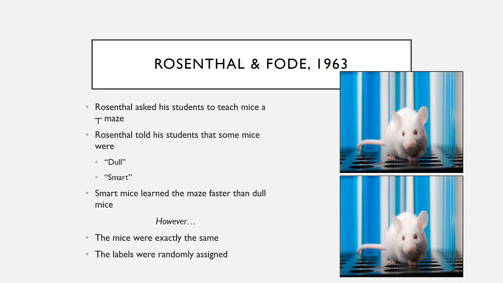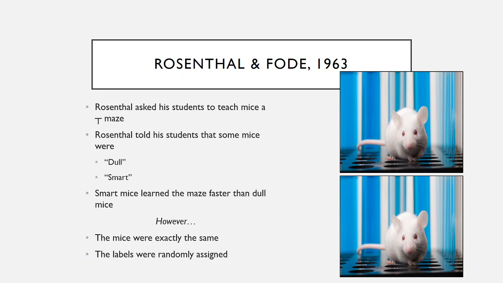So the mice were all the same, but they were randomly assigned to be considered either the dull mice or the smart mice. The research assistants found that the mice they considered smart did in fact learn the maze faster. But this wasn't due to anything about the mice themselves. Again, the mice were exactly the same.